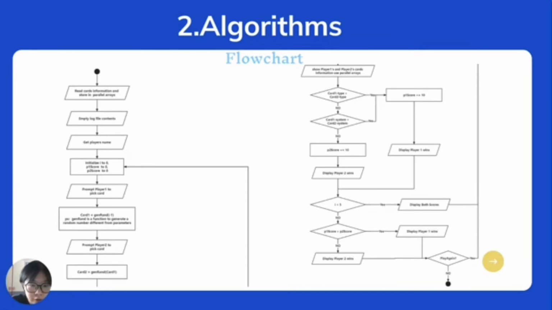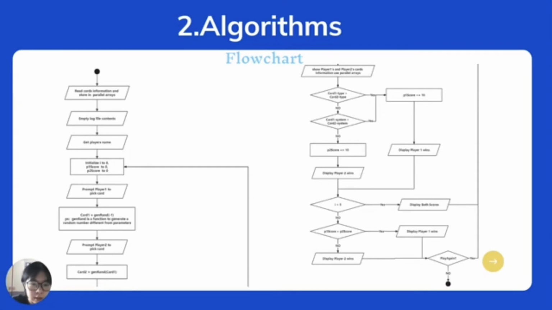After that, we will show player 1 and player 2's card information using parallel arrays. If player 1's card's type is bigger than player 2's card's type, player 1 will get 10 marks. If not, we will compare the system between player 1 and player 2. If player 1's card system is bigger than player 2's card system, player 1 will get another 10 marks.